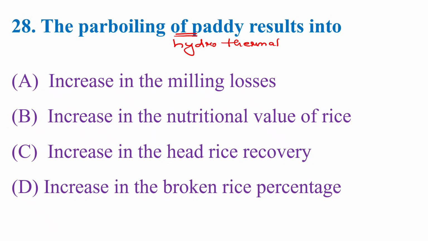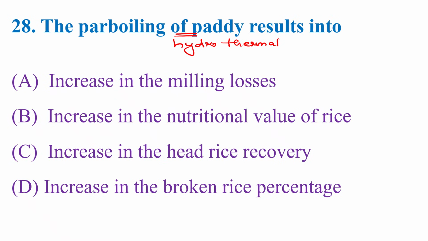Option number B, that is increase in the nutritional value of the rice. So this is true because during the soaking and steaming process, the vitamins and minerals from the bran layer move to the endosperm, and after milling only fewer nutrients are lost. So we can say that parboiled rice is nutritionally superior to raw milled rice.